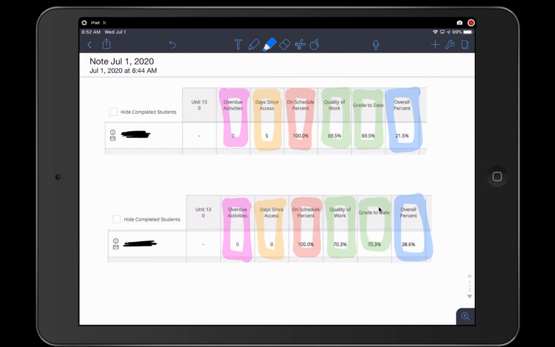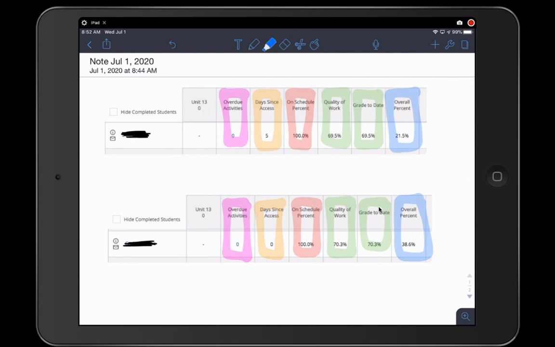So if you stopped doing anything for the rest of the term, you didn't finish anything, you didn't work on the rest of the units, you didn't do any more quizzes or tests, that would be your grade. So even though both students are doing pretty well, they both have a C minus so far, both students in this case would not earn credit for this session because they have such a low percent overall.